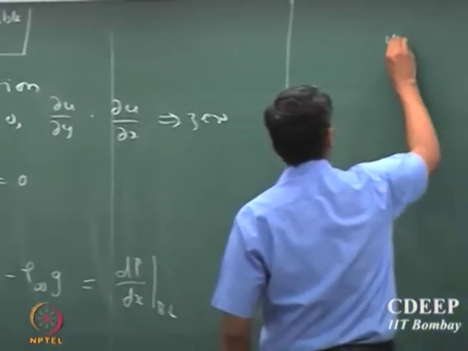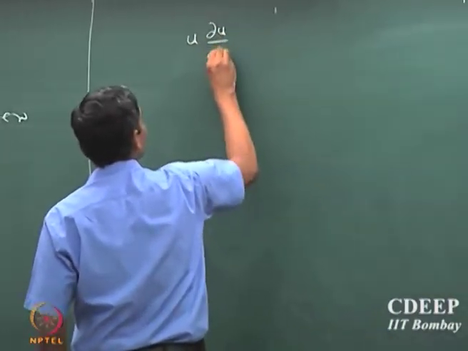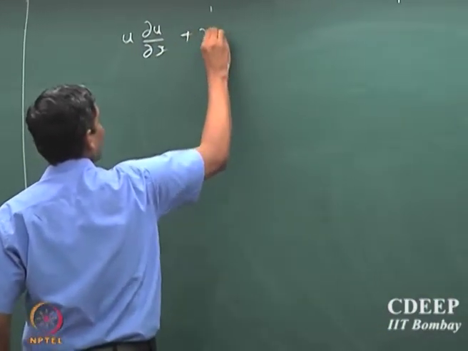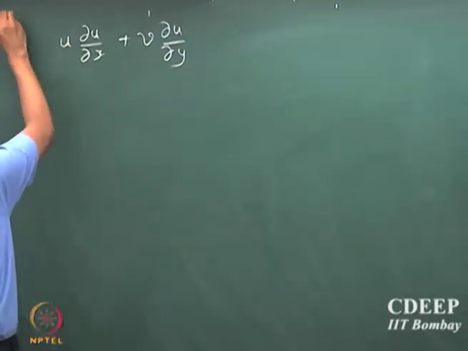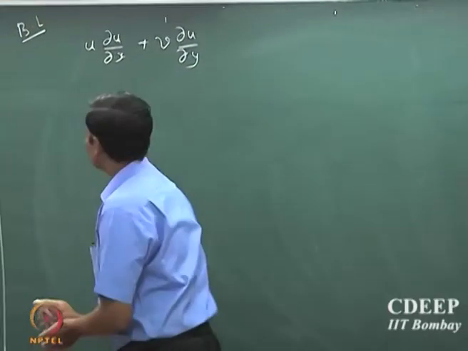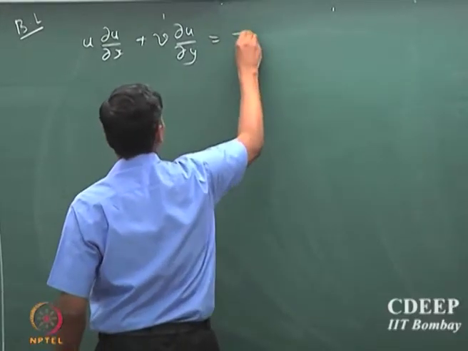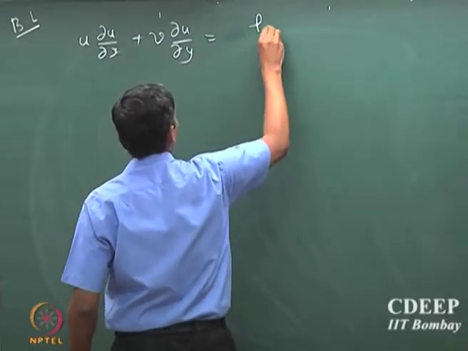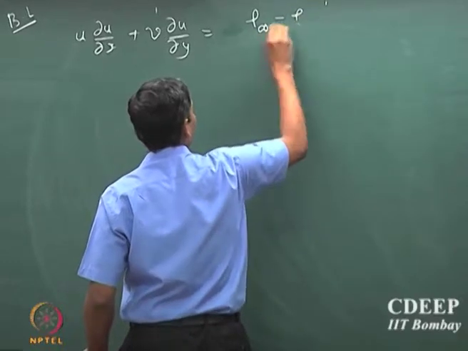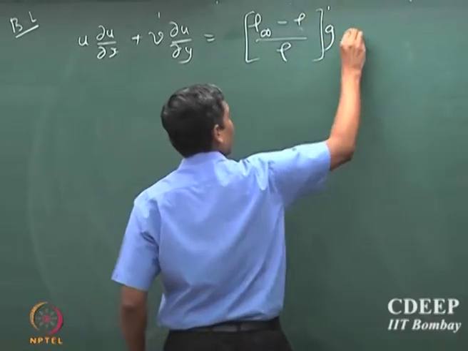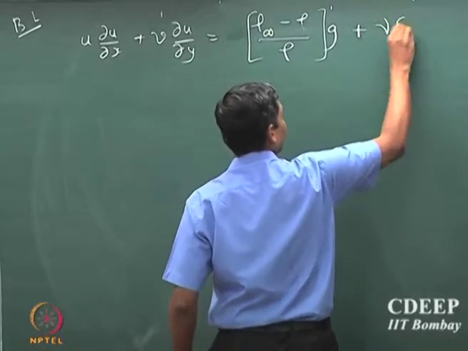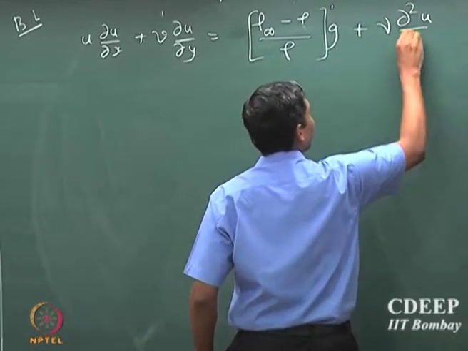Now if we incorporate that into the momentum balance, we will see u du by dx plus v du by dy. I am writing the momentum balance in the boundary layer. That should be equal to g times rho infinity minus rho, divided by rho, plus nu into d square u by dy square.